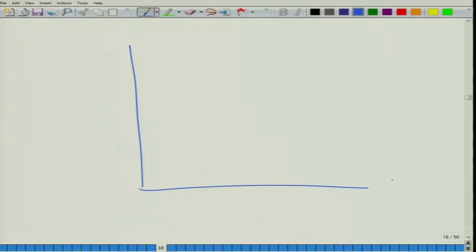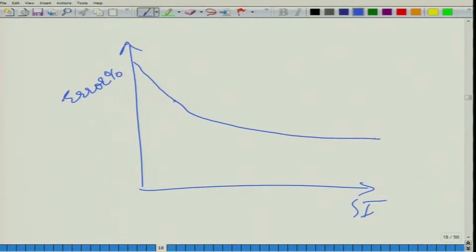So, if we for instance took error percent versus the sampling intensity, our error will reduce, but it will not go on reducing completely. After a while it will flatten out. So, if you are taking these many samples or these many samples, the amount of error is varying a lot, but if you take these many samples or you take these many samples, there is hardly any difference in the percentage of error that you will get.